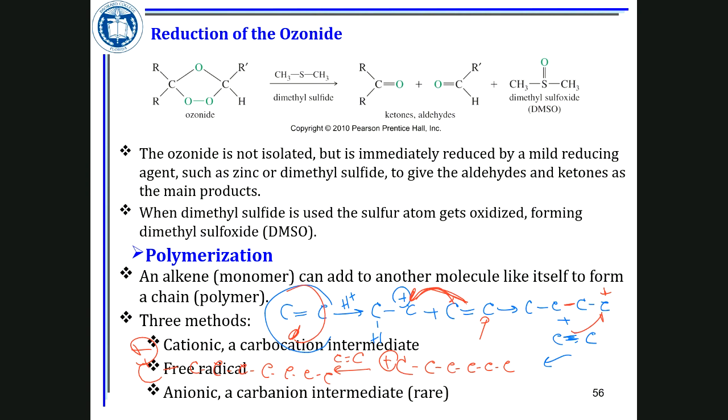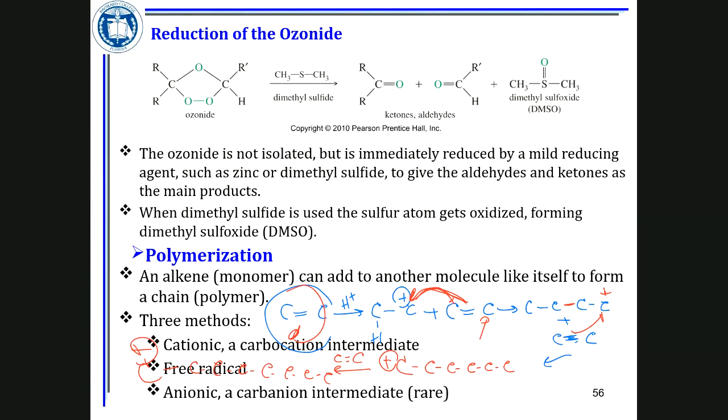So an alkene, which is a monomer, can add to another molecule like itself to form a chain, or a polymer. You see that every time it adds 2 carbons and you get another carbocation, and it adds 2 more carbons and you get another carbocation.